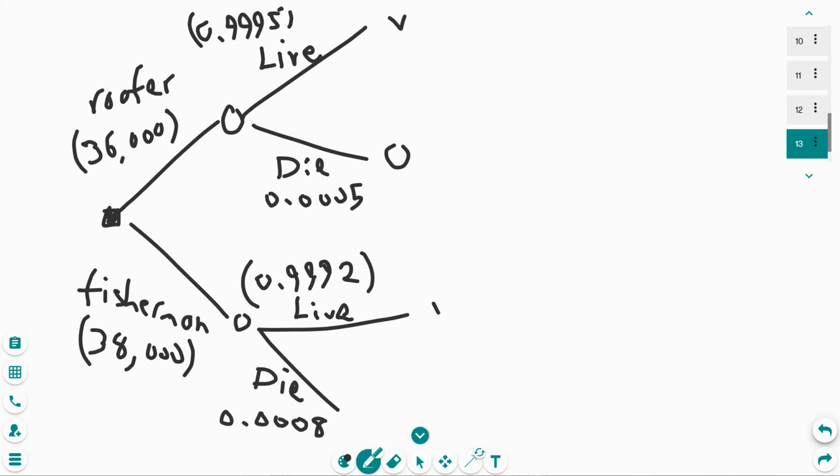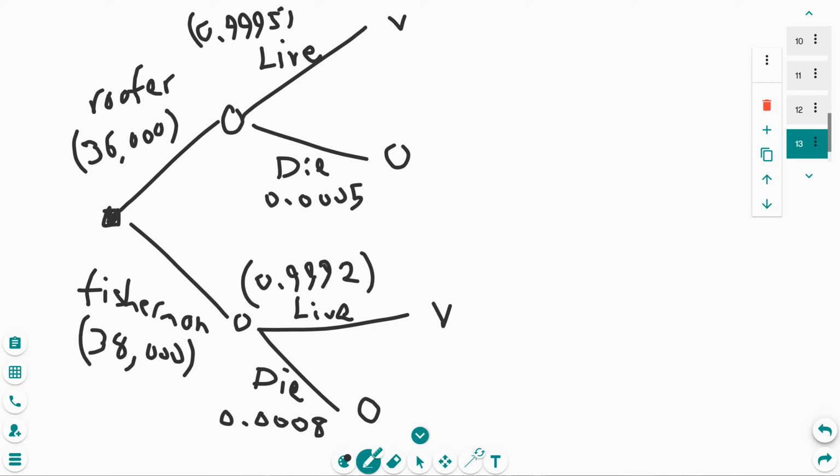And if you live, you get your payoff of being alive. If you die, you get 0. All right, so once again, we're going to assume that if the salaries that are being paid to these people are way out of line, where a commercial fisherman earns the same as a roofer but has a higher mortality risk, then you'd expect nobody to choose the occupation of commercial fisherman when they could earn the same salary and reduce their mortality risk, essentially at no cost to themselves.